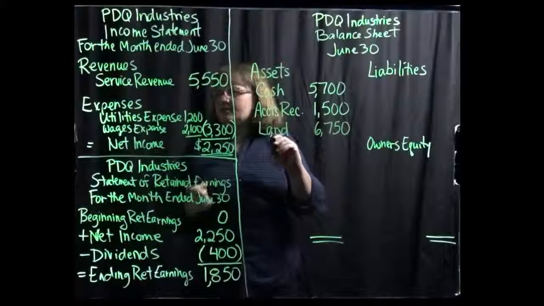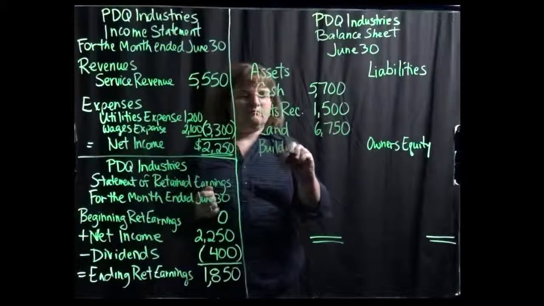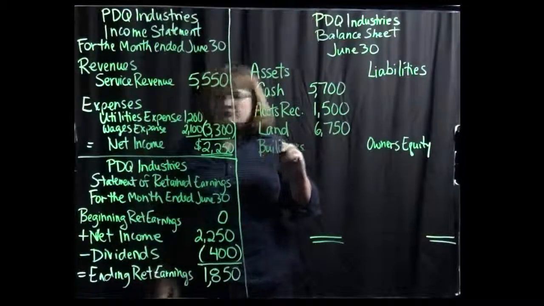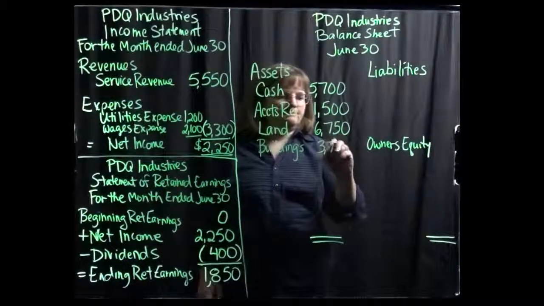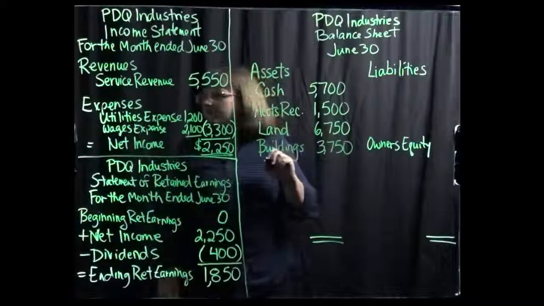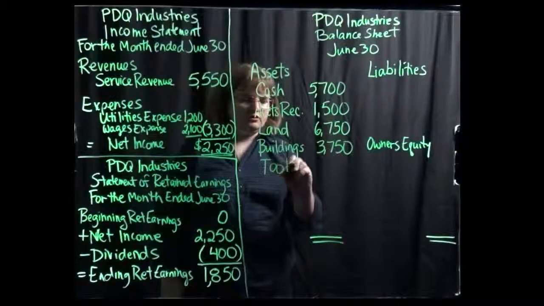Then we'll put in the buildings. And the cost value of our buildings was $3,750. Then we'll put in our service tools. I'll just call them tools.